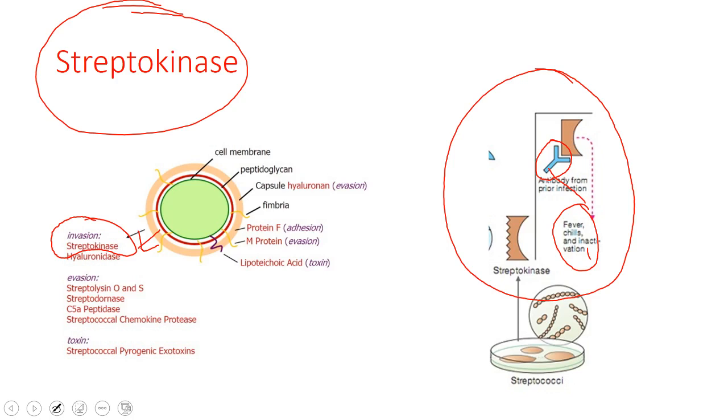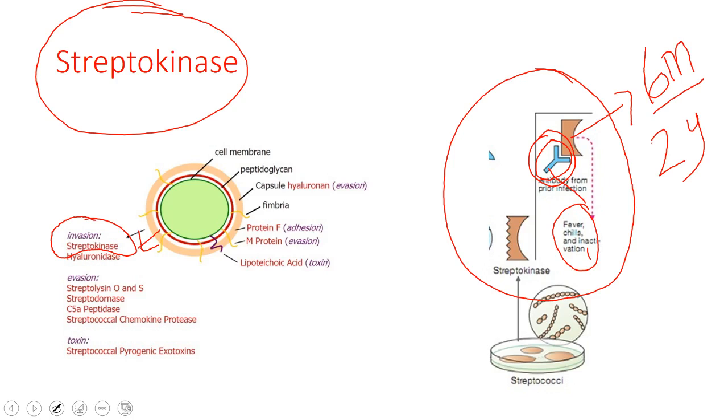This antibody, which is produced when streptokinase is administered for the first time, persists for a minimum period of 6 months. And some studies have even shown that it persists in some patients up to 2 years.